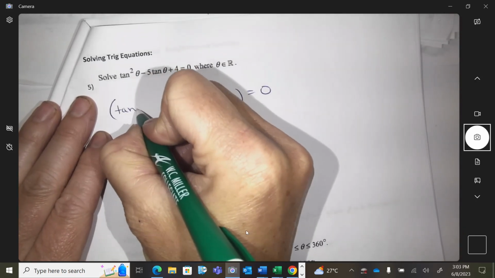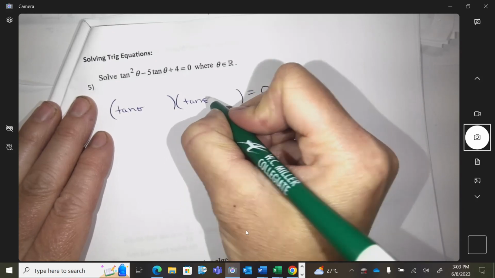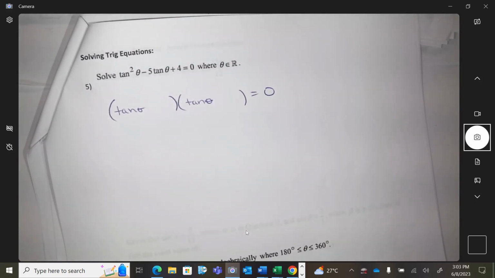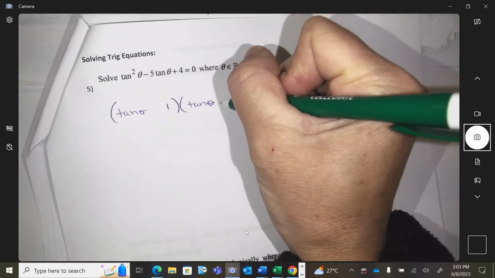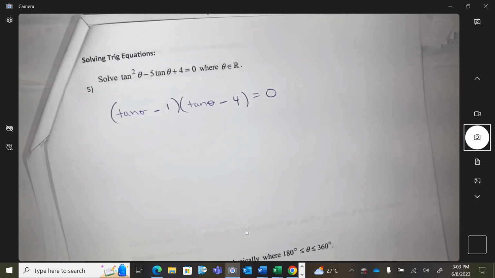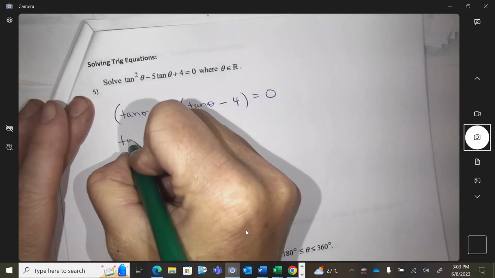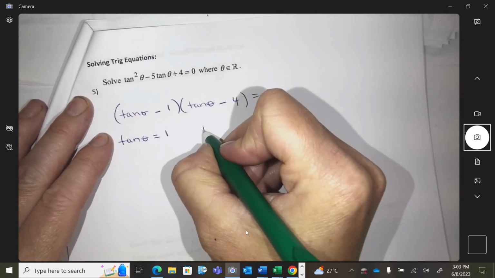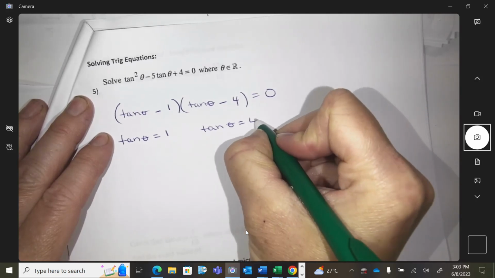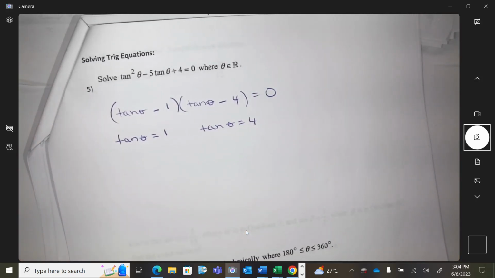So tan theta, what multiplies to 4 and adds to 5? So 1 times 4. So tan theta equals 1, tan theta equals 4. All you've solved for is called the trig value.